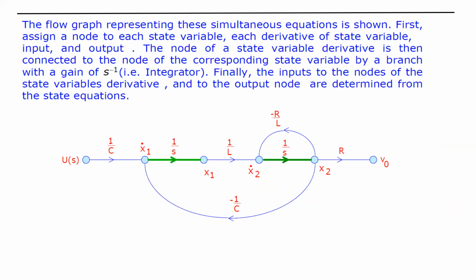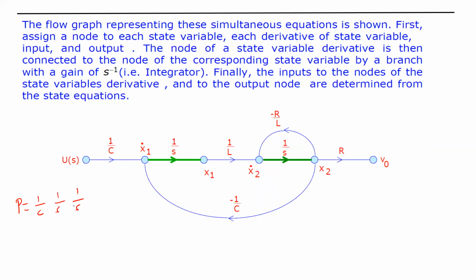If I want the transfer function from U to V, how many paths will I take between U and V? One. What's the gain of that path? P equals 1 over S squared RLC.